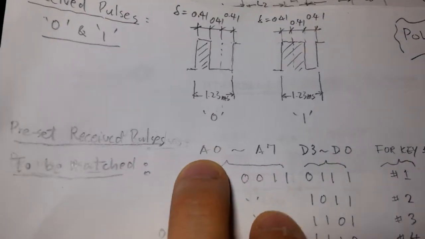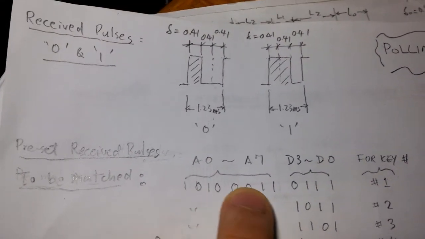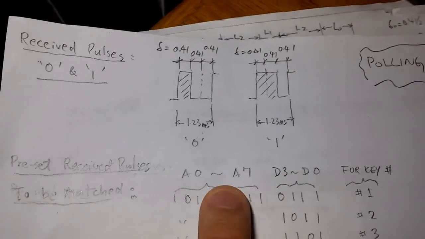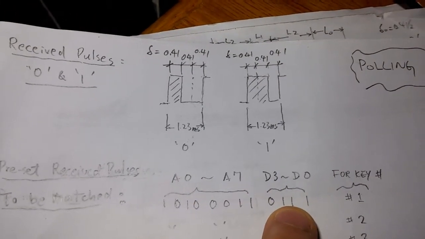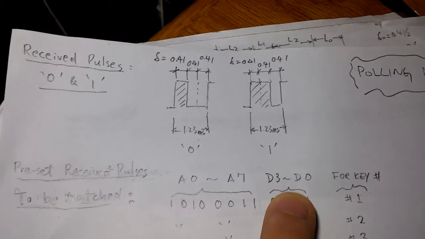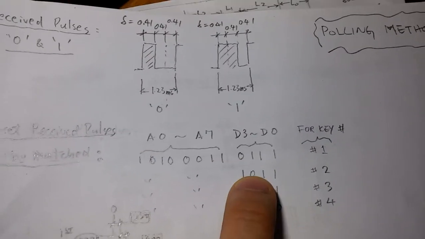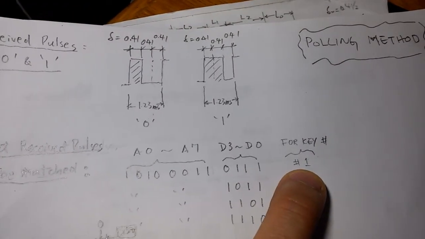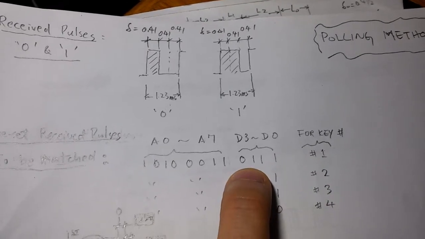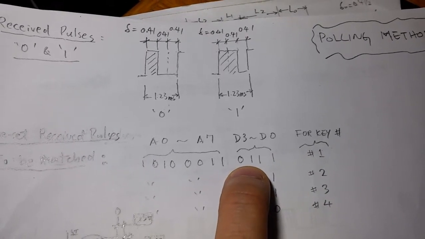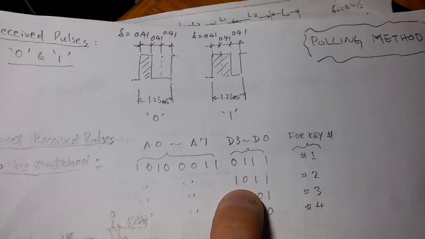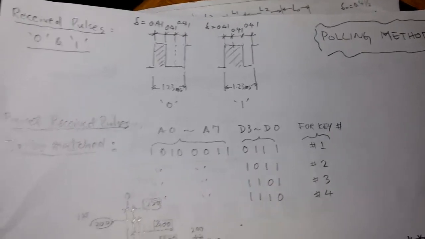So this 8-bit is the address bit. Here 4 bits is the data bit, and data bits for key number 1, the pulse string is like this, 2, 3, 4.